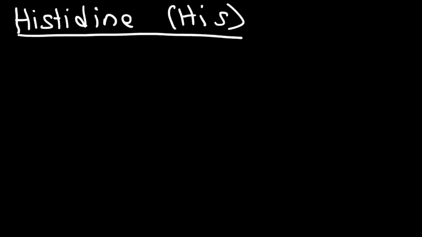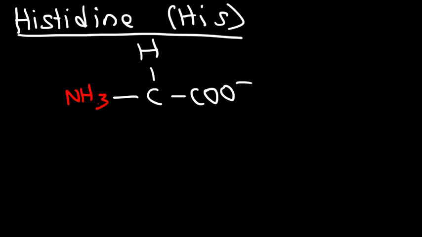Now, histidine is similar to the other amino acids in that the chiral carbon has a hydrogen, a carboxyl group, and also an amino group. Now histidine is going to have a methylene group in its R group, and it's also going to have an aromatic ring. And I'm going to draw the line structure for this one.